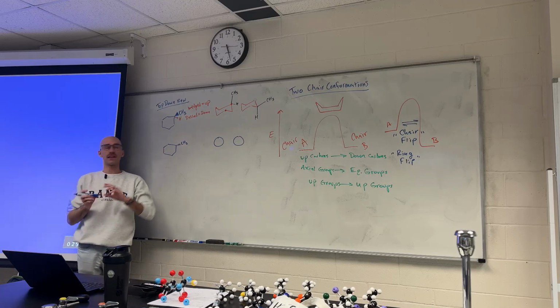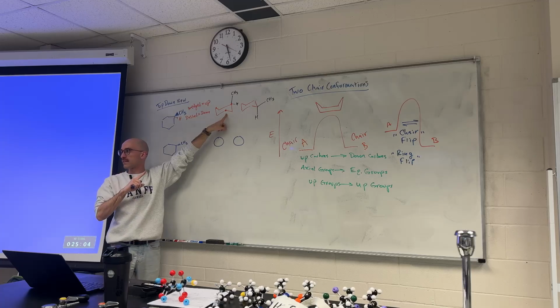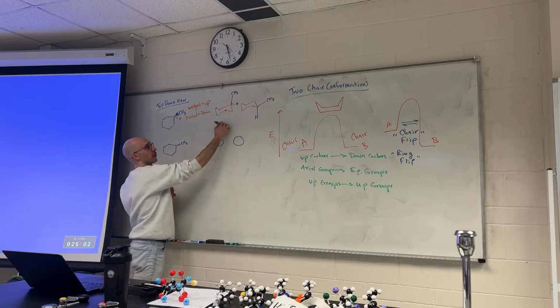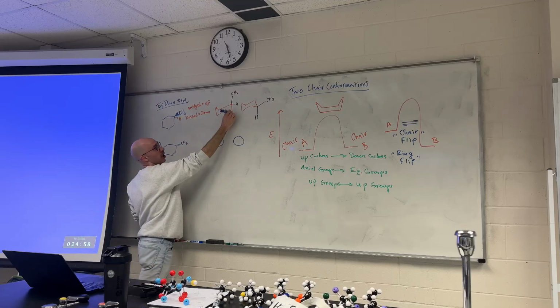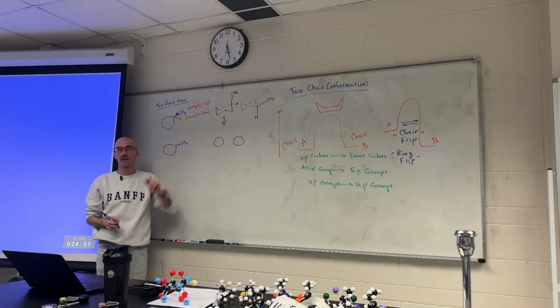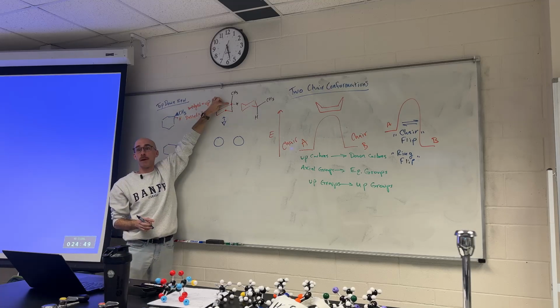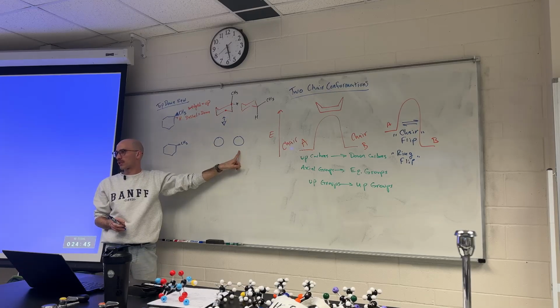So since Hamza said he thinks this is higher energy, let's look at this. And let's set our perspective down these carbon-carbon bonds. The methyl group will be on the back carbon of the right Newman projection.